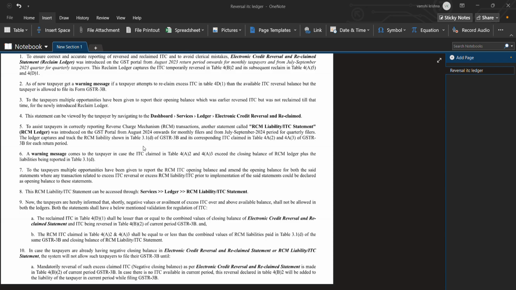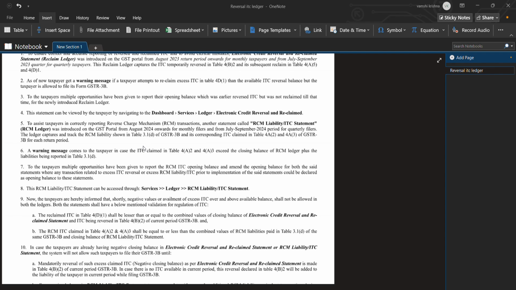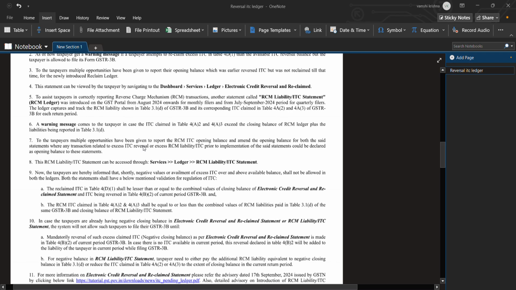So to prevent these mistakes or clerical errors, because sometimes in place of 450 we might write 4,50,000 or 45,000, etc., to curb these errors and make this apparent, the government did this, so that we can directly automate 3B.